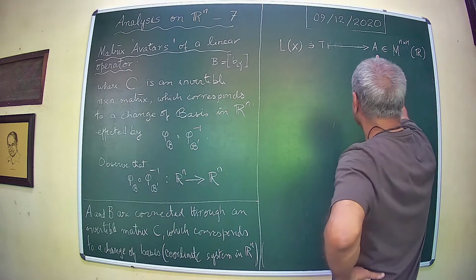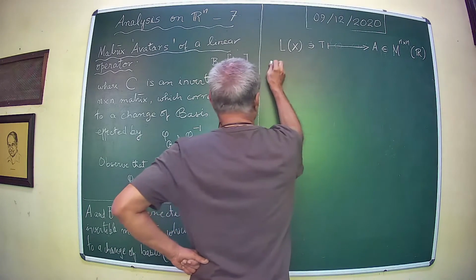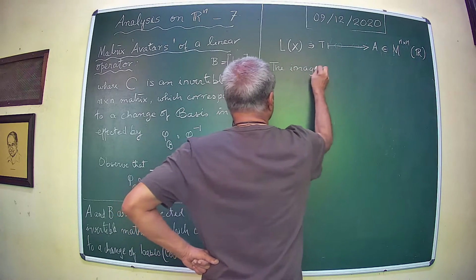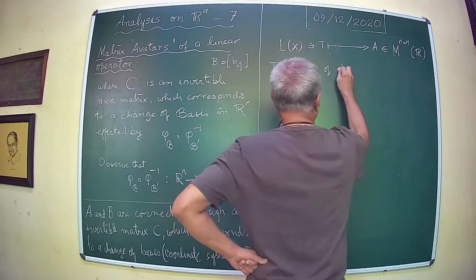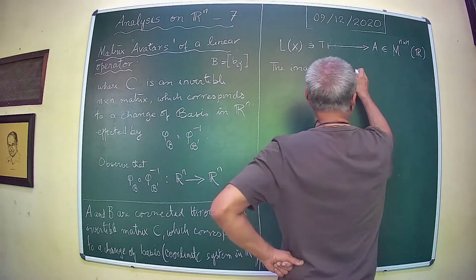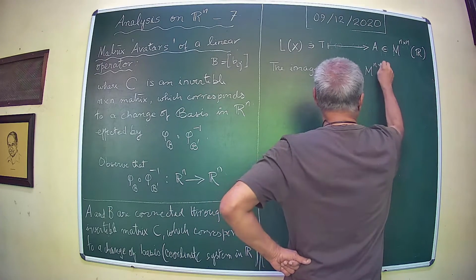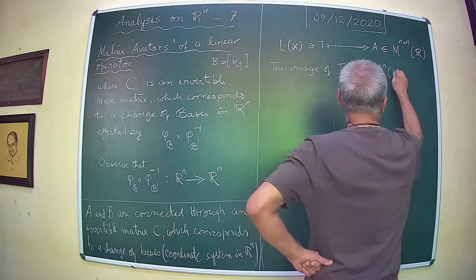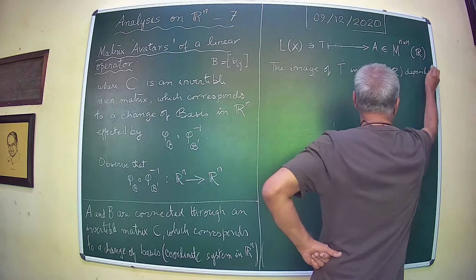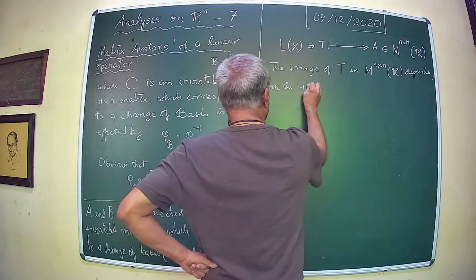It depends on the image of A, the image of T in the isomorphism.